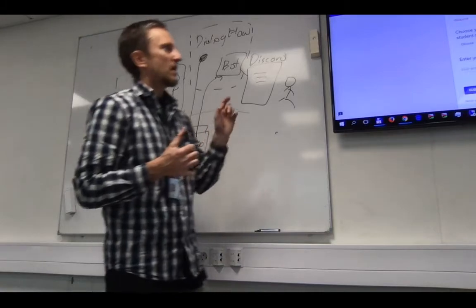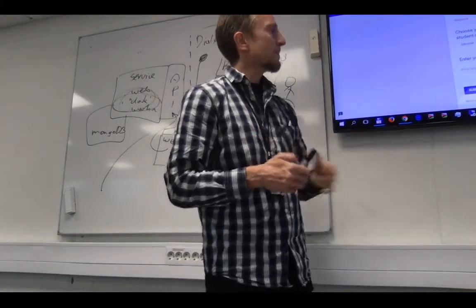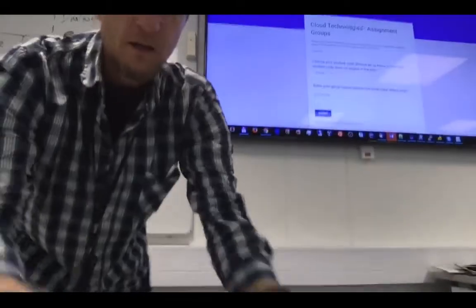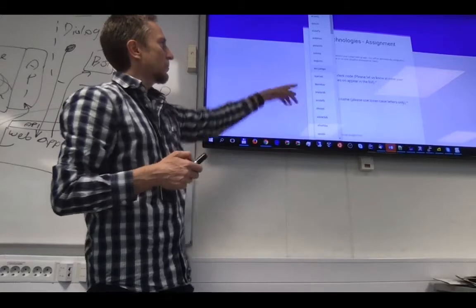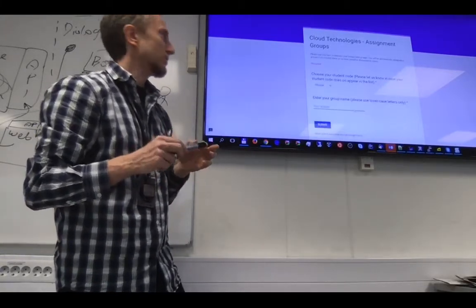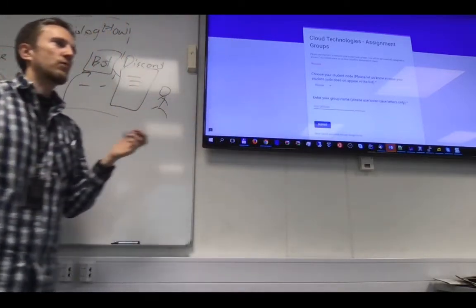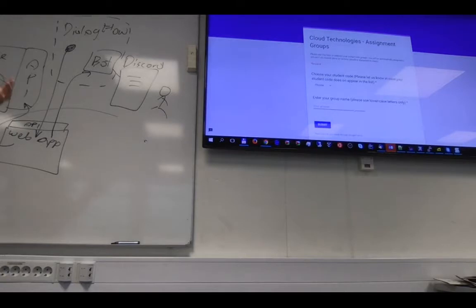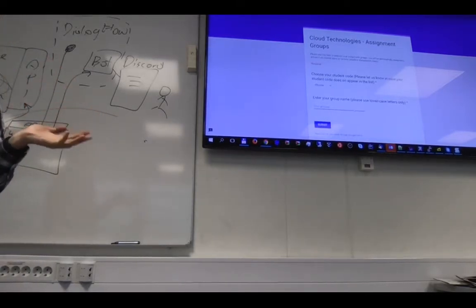For the groups, in assignment 3 on Blackboard, we have a form which we would like you to fill in. You pick yourself from the list, which we got from Blackboard, and then you put the group name that you belong to. We would like you to generate a unique name for your group. If you don't do that, it will be trouble.